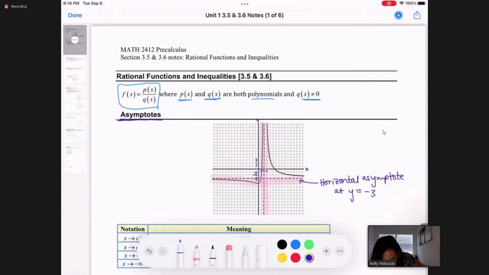It's very tiny, but you get it. And so this is a horizontal asymptote of y equals -3. And then here we've got the vertical asymptote. And this is going to be at x equals, I think it's 2, right? Yeah, at x equals 2.